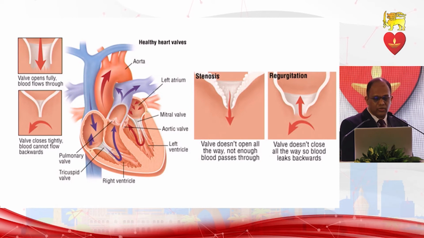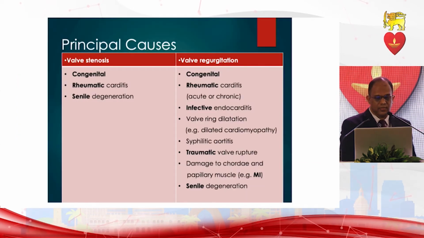What is valve stenosis and what is valve regurgitation? When the valves are not opening properly, we call it stenosis. When the valves are not closing properly and start leaking blood backwards, we call it regurgitation.